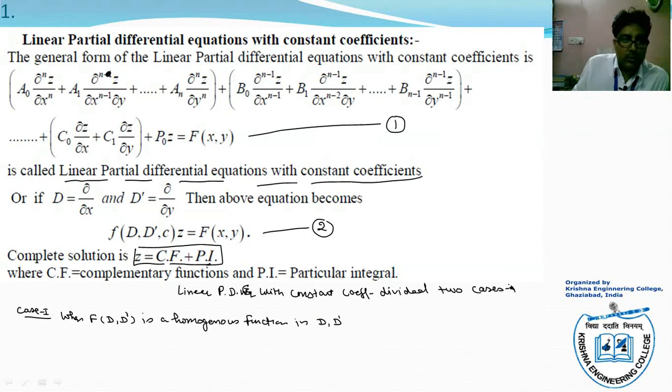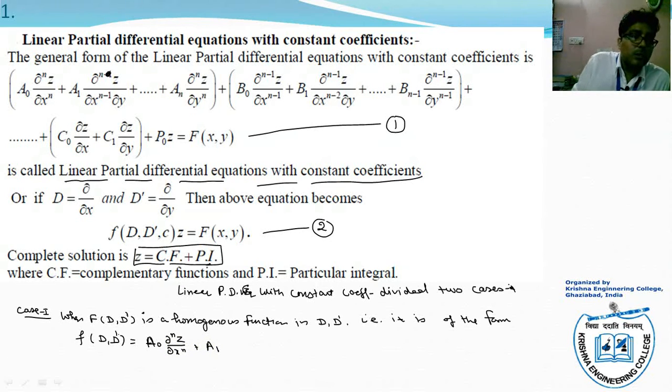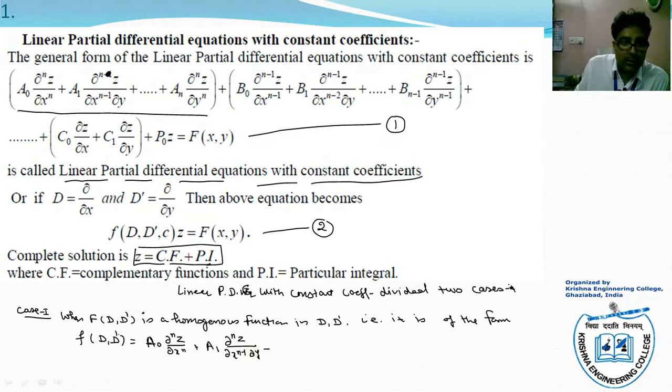that is a homogeneous function in D comma D dash, it is of the form f of D comma D dash is equal to a naught del to the power n z upon del x to the power n plus a1 del to the power n z upon del x to the power n minus 1 del y dot dot dot plus a n del to the power n z upon del y to the power n.